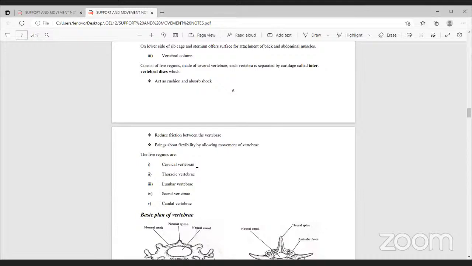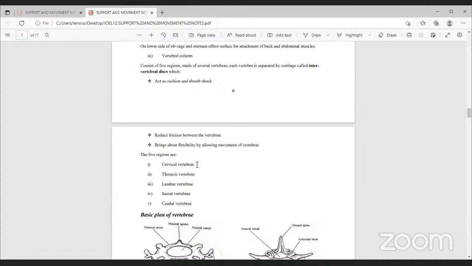So then we have the caudal vertebrae. The caudal vertebrae here, in human beings, is one of those structures that we call a vestigial structure, because it is basically talking about the tail. It is like the bones of the tail in human beings. Human beings do not have a tail.